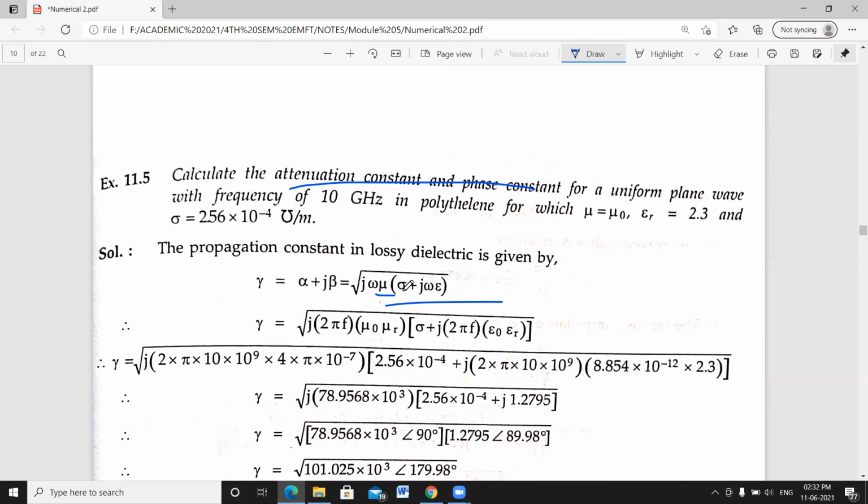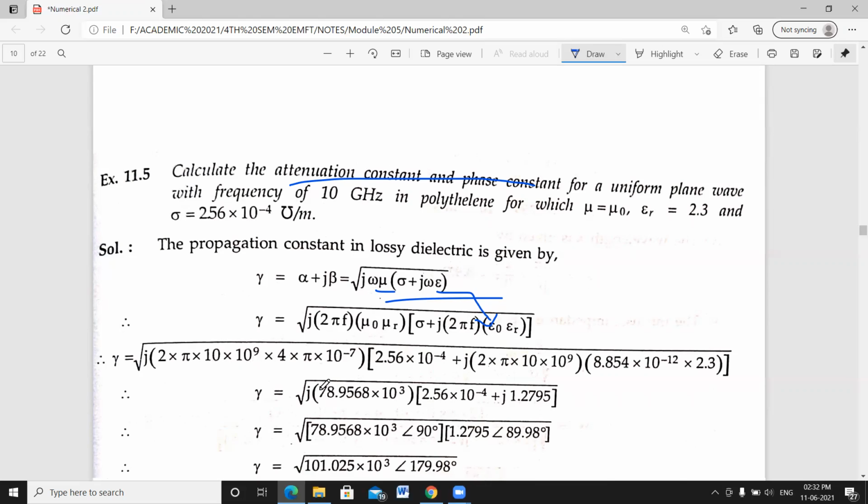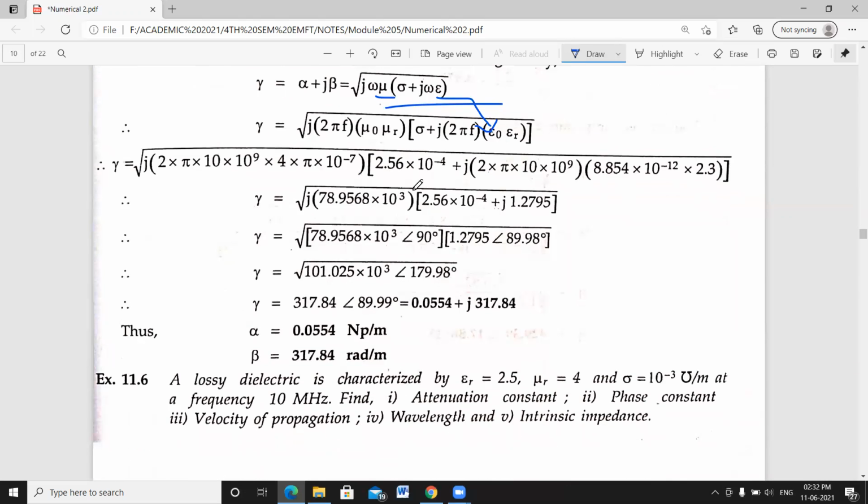And for conductivity, it is given, and again omega is going to be 2 pi f. And epsilon is epsilon naught into epsilon r. Then you substitute all the values here, and go on reducing the equation.